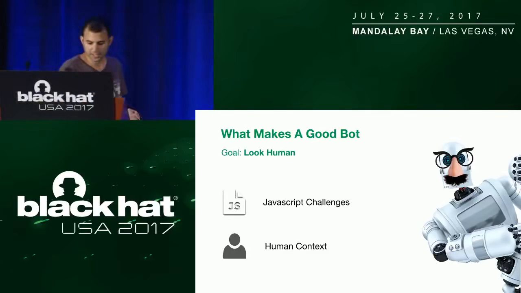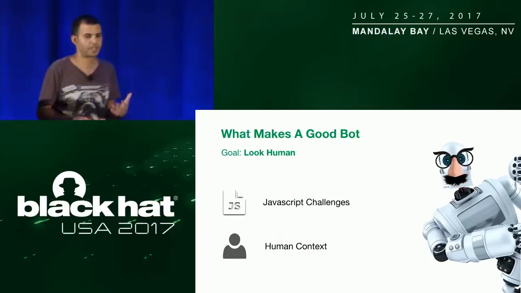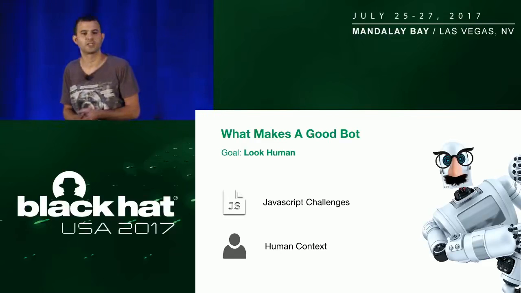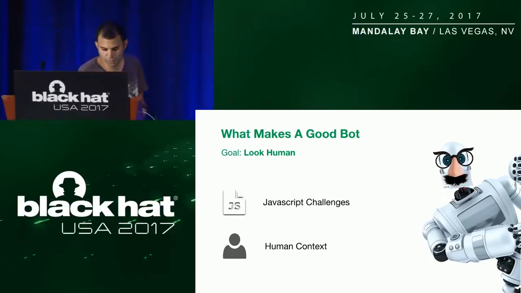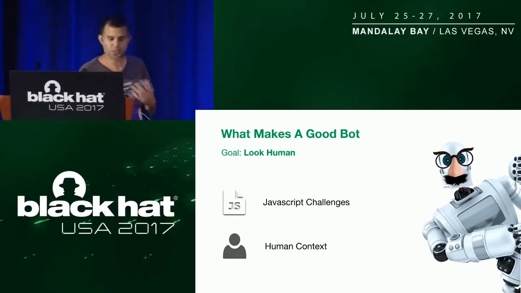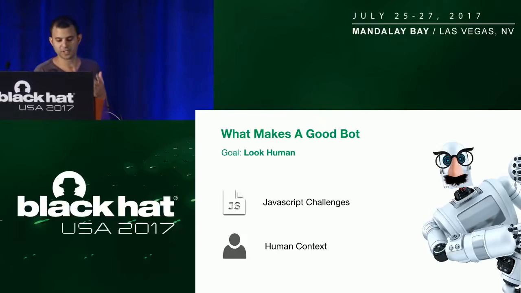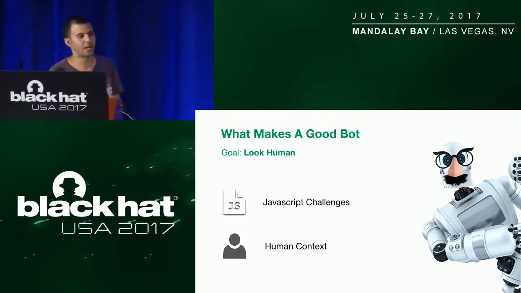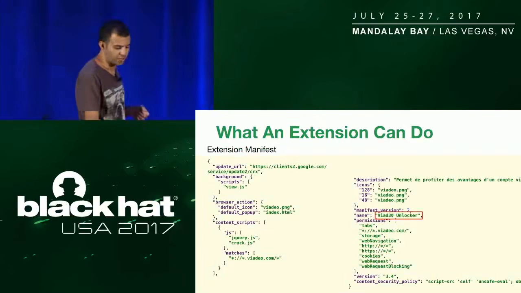So this makes bots that run on browser extensions a very powerful tool. Let's take a second to understand the full capabilities of an extension. Let's review the manifest file of the extension that we saw before attacking Wix.